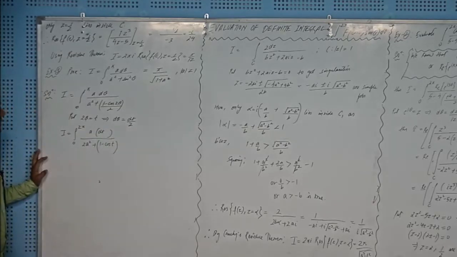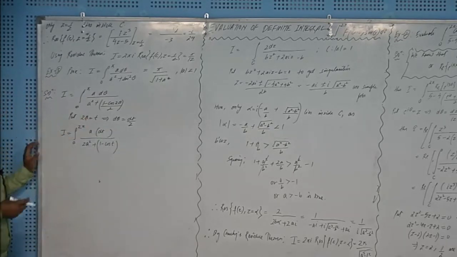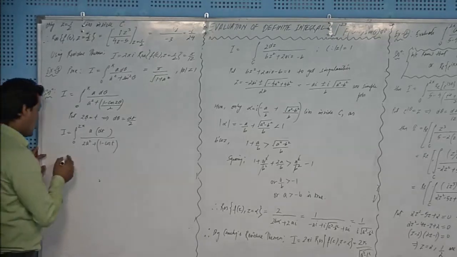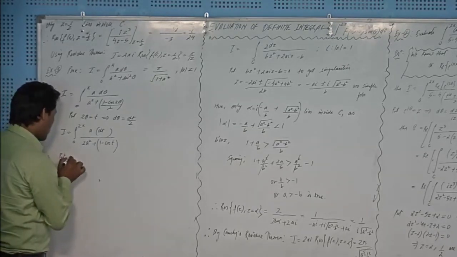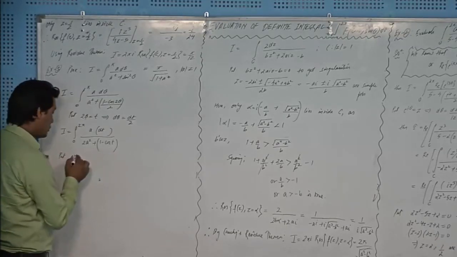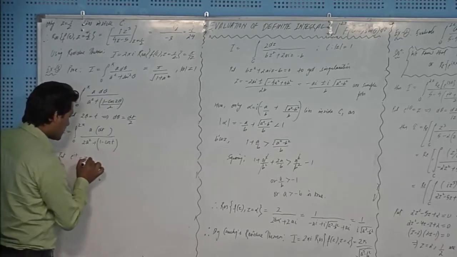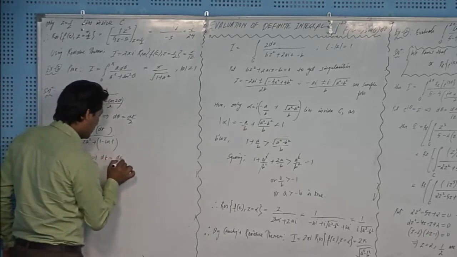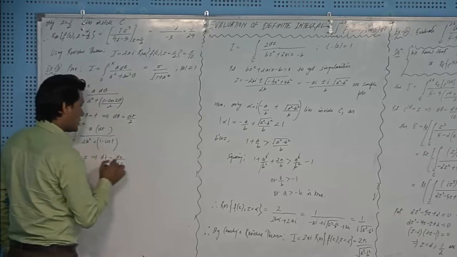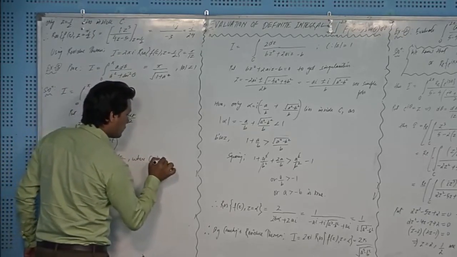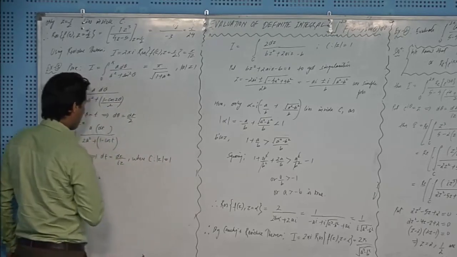Now I will use my previous procedure. Put e to the power iota t equal to z, this time t, because we have t here, not theta. That will give me dt equal to dz over iota z, where c becomes mod z equal to 1, right?